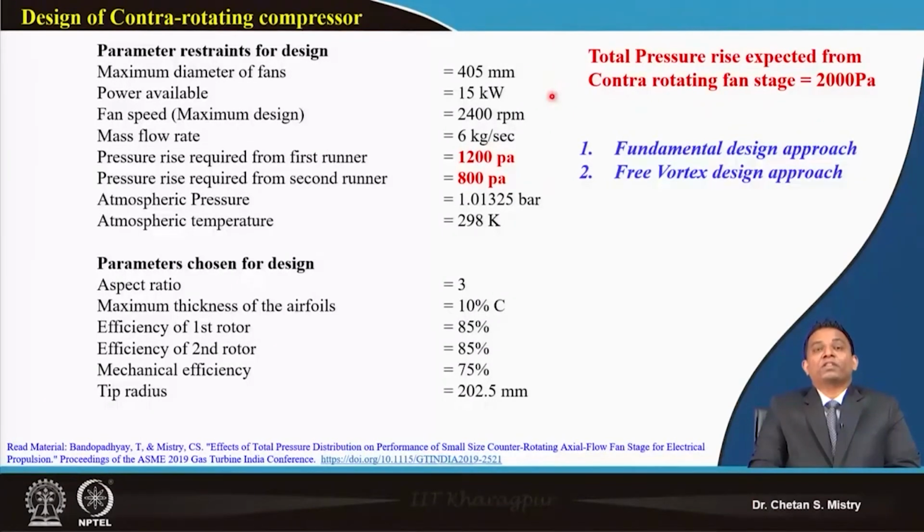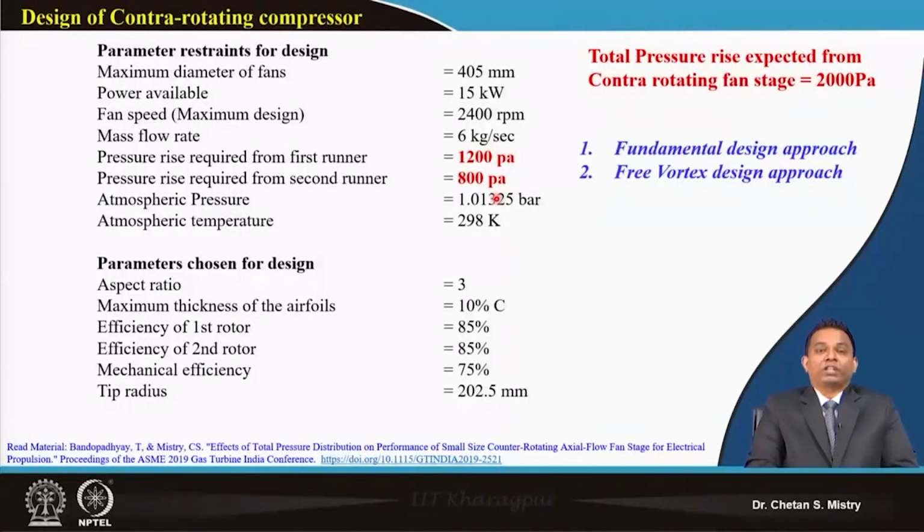We were expecting a pressure rise of 2000 Pascal from the stage. For my design, rotor 1 was expected to give a pressure rise of 1100 Pascal, and rotor 2 a pressure rise of 900 Pascal. And what we realized is that higher loading of rotor 1 gives benefit in terms of overall operating range and performance.